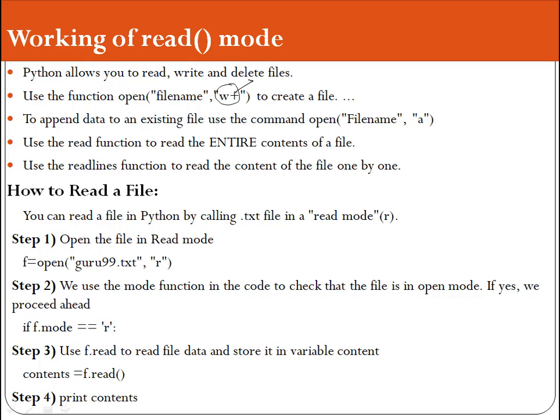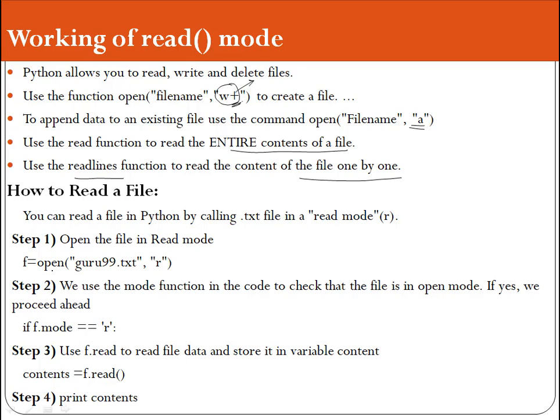W plus means if the file does not exist, it will create a new file. Plus is always reflected like that. To append data to an existing file, use A, append file. Use the read function to read the entire content of the file. Read lines will be used to read line by line.